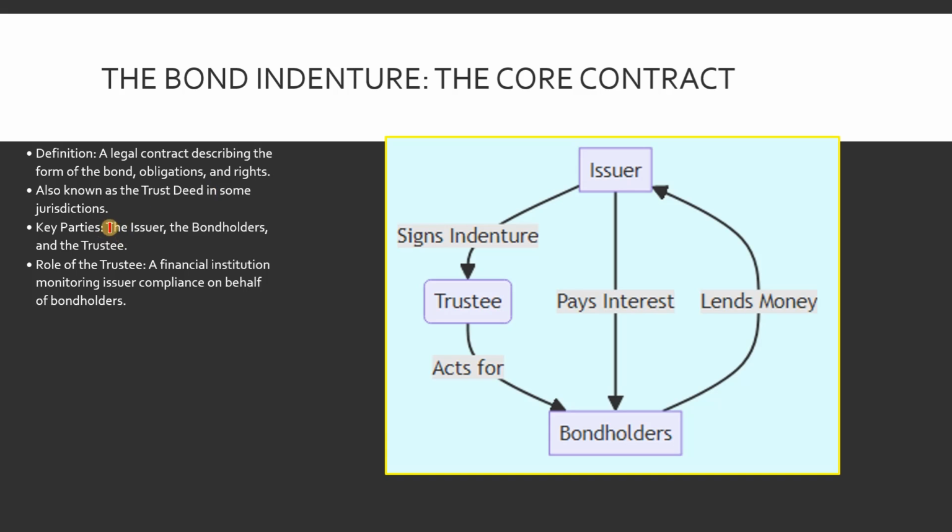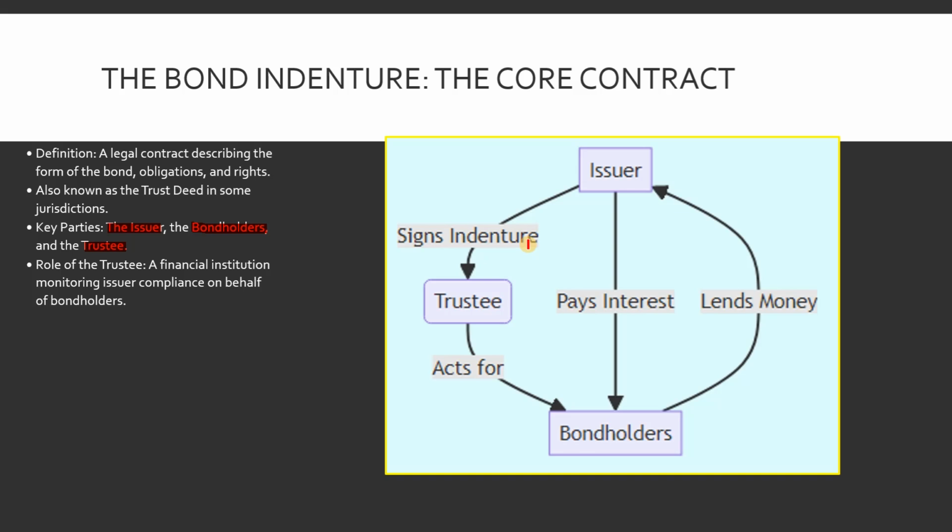So who are the parties here? The issuer, the bondholders, and the trustee. The trustee acts like a referee here, monitoring the issuer to ensure they follow the rules and taking action if they do not. If we see the diagram, which shows the flow of the relationship, on the left hand side is where the indenture is signed.